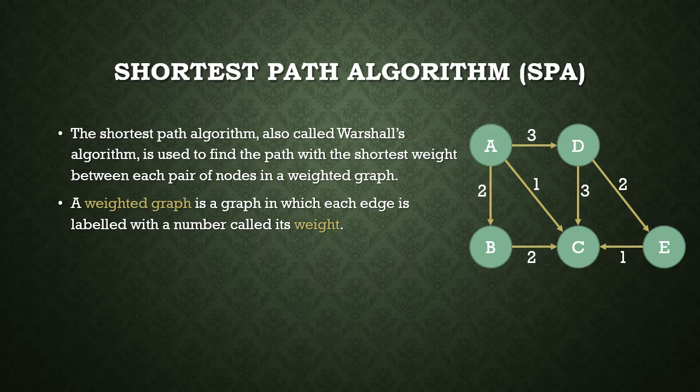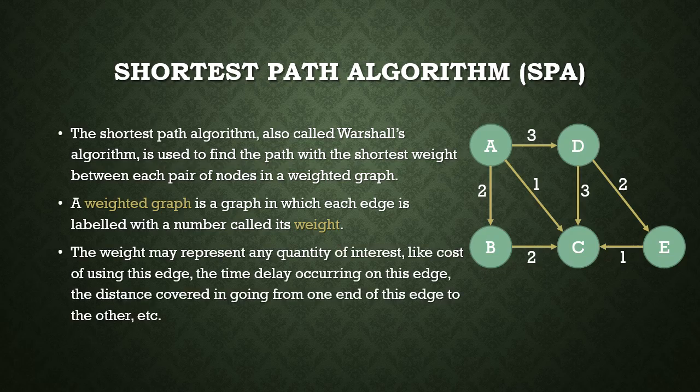Each edge has a number associated with it. The weight may represent any quantity of interest, like the cost of using this edge, or the time delay occurring on this edge, or the distance covered in going from one end of this edge to the other, etc.